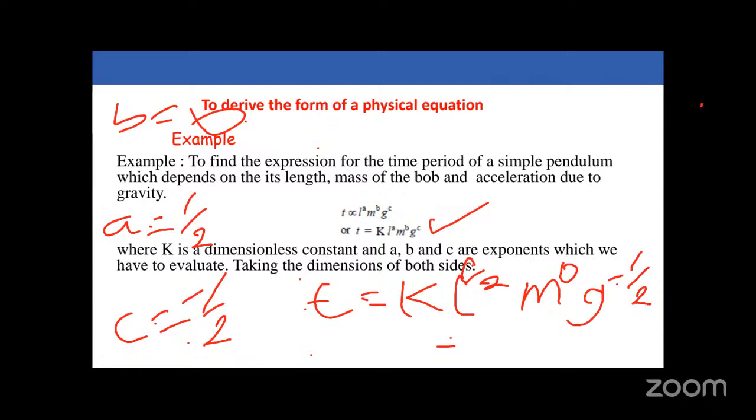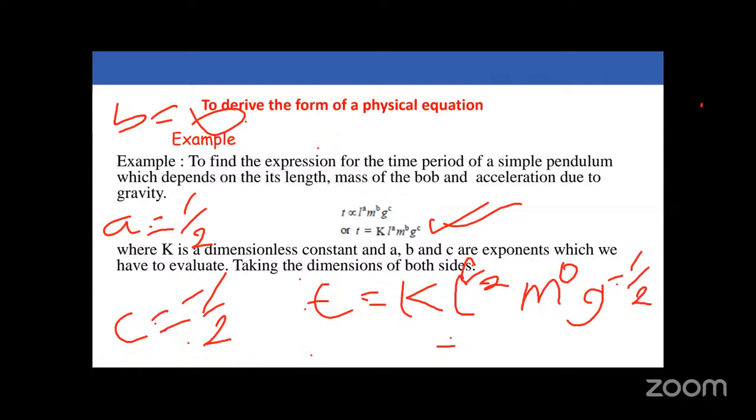So I take it again. Coming to this equation, we have T is equal to K L^A M^B G^C. If we substitute the parameters, T is equal to K, L raised to half, M raised to 0, and G raised to minus half.